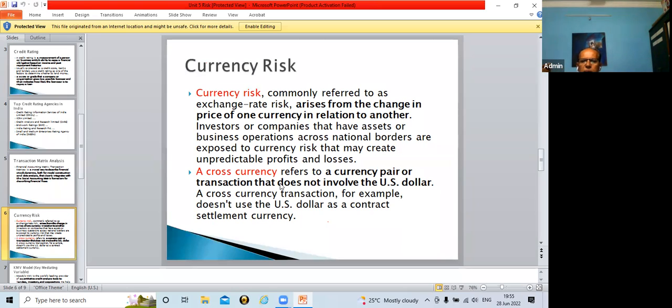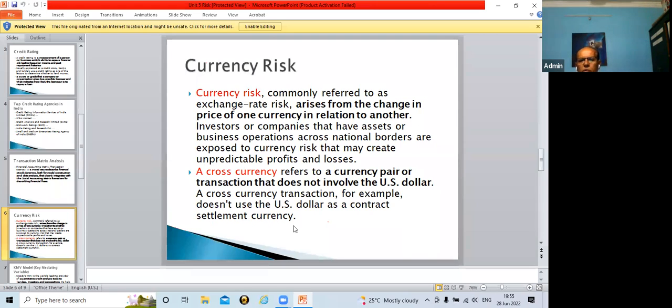Here there is no question of the US dollar. We are comparing with maybe yen, or pound sterling. So different currencies we are comparing with the Indian rupee.